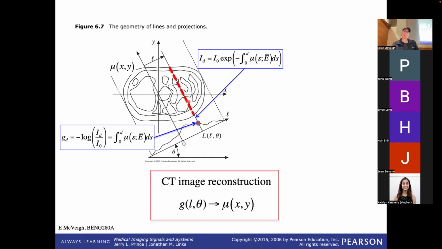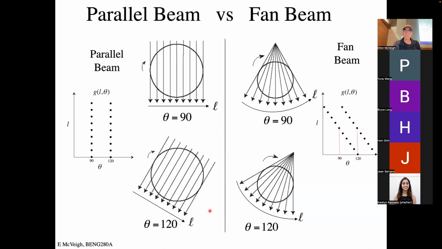So the question now is, I could do this for a whole set of parallel rays. I could set up G(L, theta), right? That's what the math we've set up here would say we do. It looks like this: we have these parallel beams. For this one, let's parameterize theta.